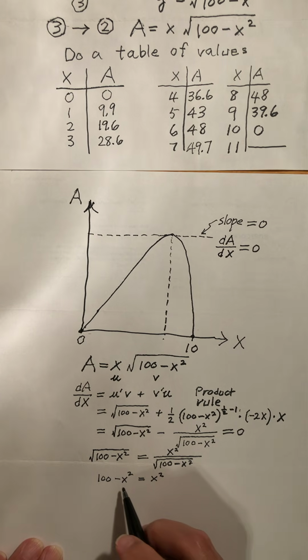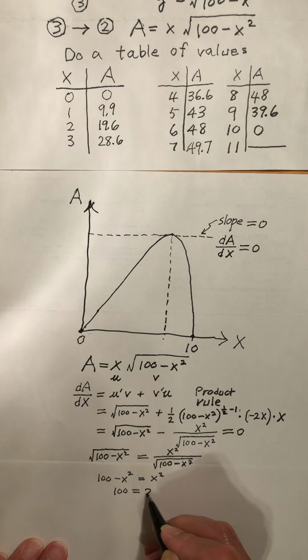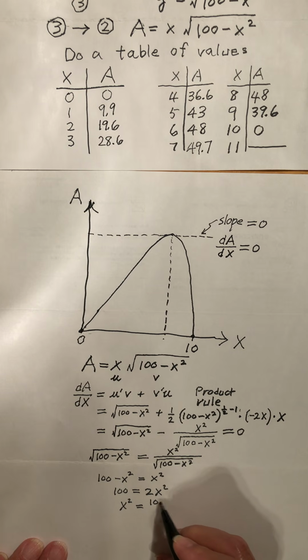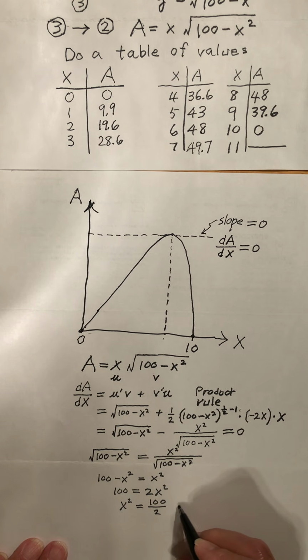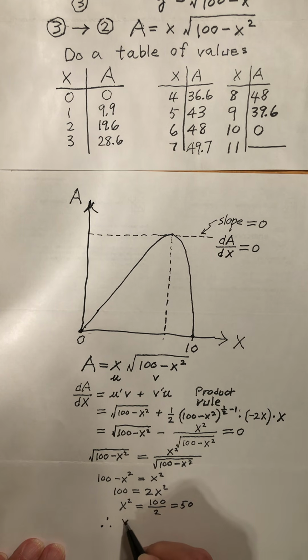So this means 100 equals 2x squared. That means x squared is equal to 100 divided by 2, which is 50. So x is square root 50.